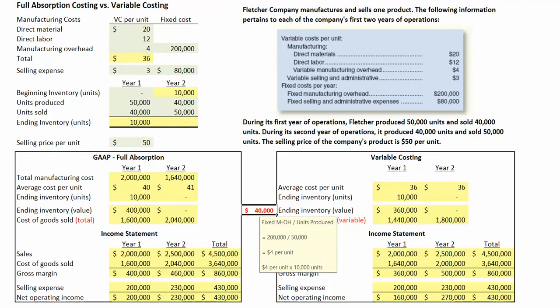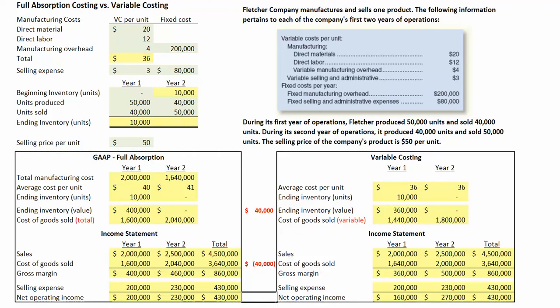Recall, our fixed manufacturing overhead was $200,000, and if we spread this over 50,000 units we produced, the fixed manufacturing overhead cost per unit was $4 per unit. And under full absorption costing, we put $4 per unit times 10,000 units into our ending inventory, where under variable costing, the entire $200,000 flowed directly to cost of goods sold.